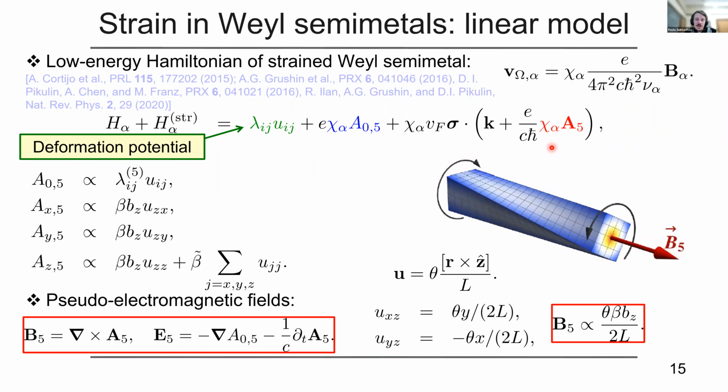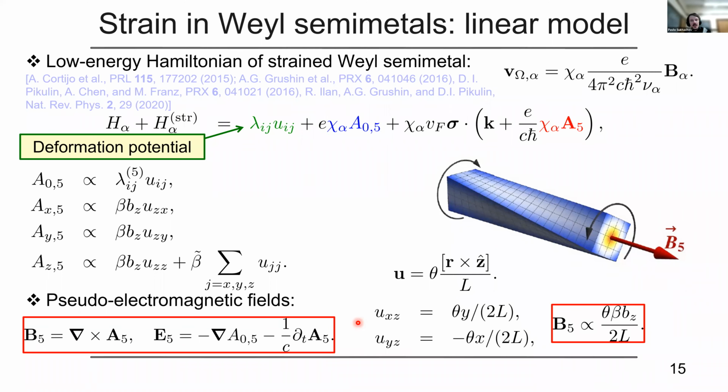This means that if you somehow create these axial fields with a specific time and coordinate dependence, then we will be able to create effective pseudomagnetic and pseudoelectric fields. For example, we can introduce a pseudomagnetic field, which is a curl of the axial gauge field, and a pseudoelectric field, which is just a gradient and time derivative of the corresponding components of this axial gauge field.